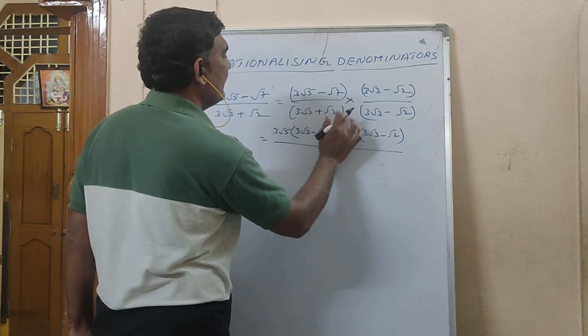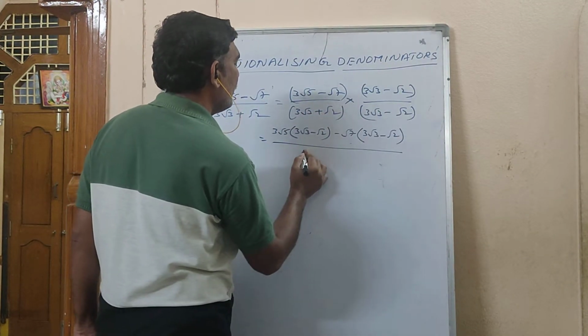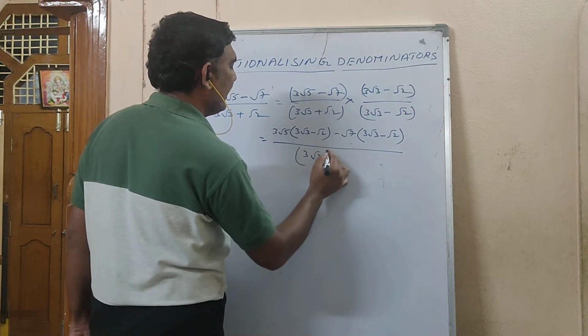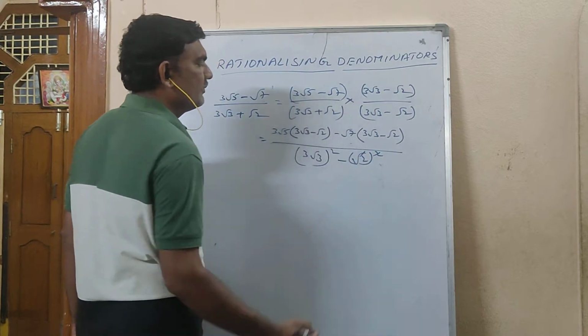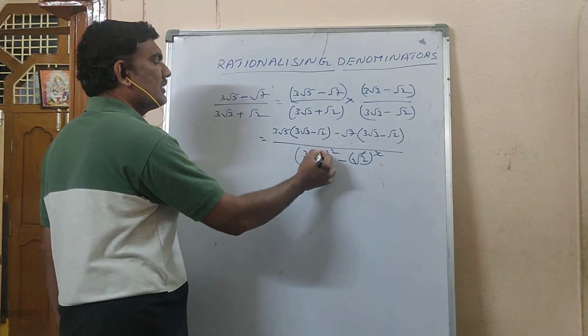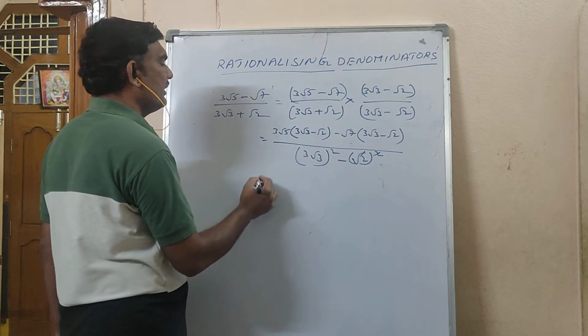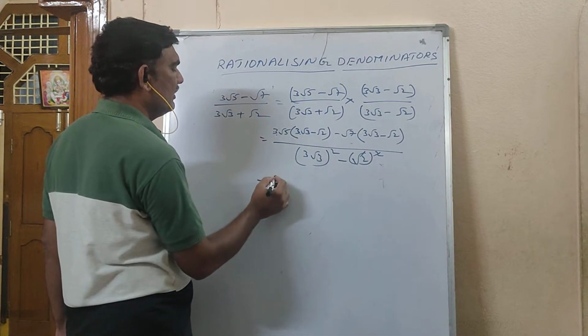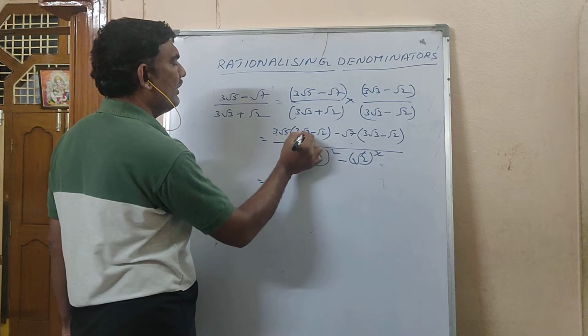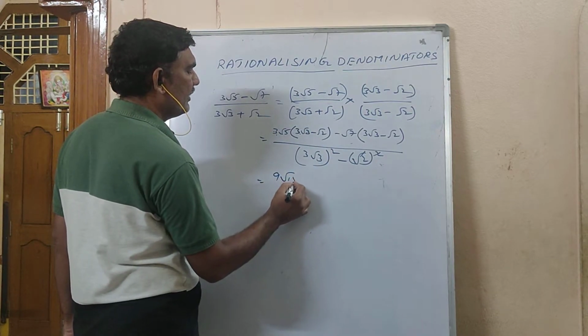A plus b into a minus b, formula directly: a square minus b square. Don't cancel this square and square root; this square also belongs to 3. So first multiply 3 root 5 into 3 root 3. 3 3s are 9. Root 5 into root 3 is root 15.